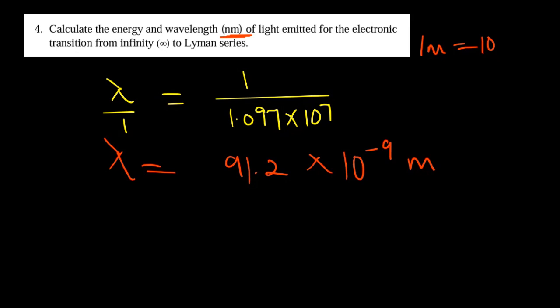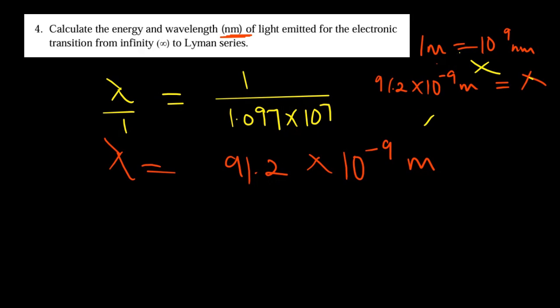And then now we want to convert it into nanometers. So we know that 1 meter is equal to 10 to the power 9 nanometers. So if I have 91.2 times 10 to the power minus 9 meters, how many nanometers am I going to have? So we just cross multiply.